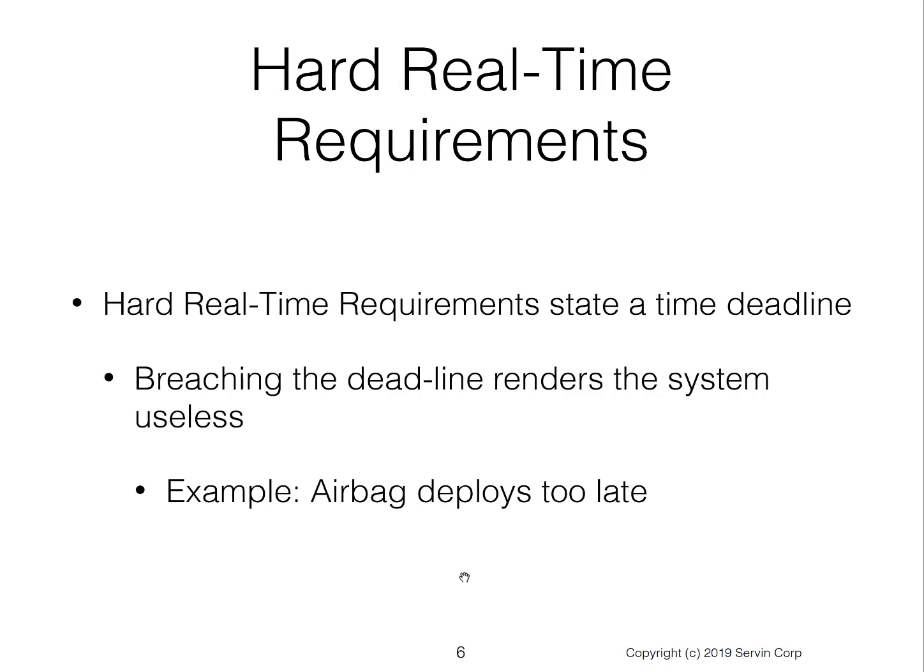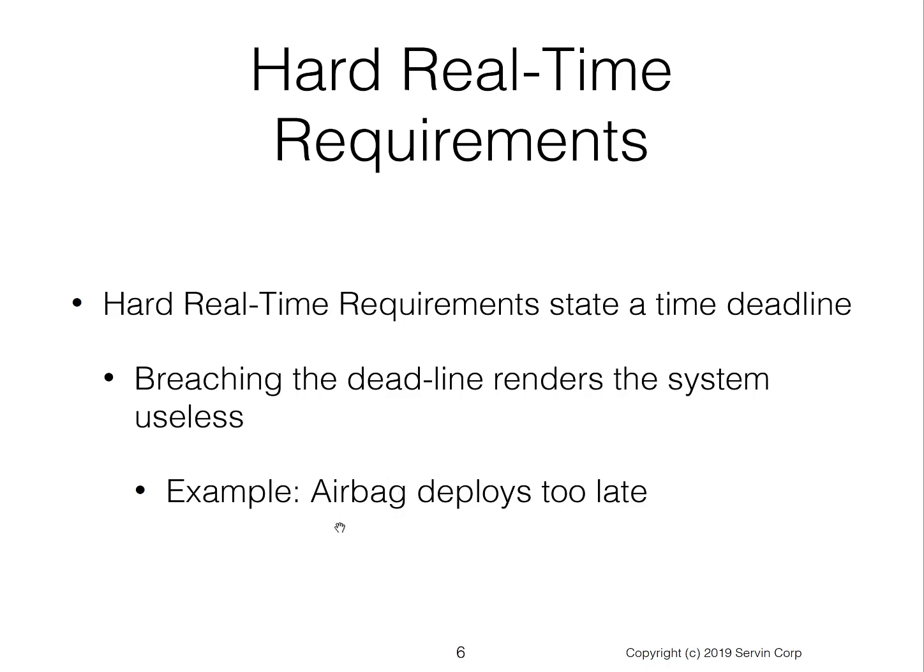On the other hand, with a hard real-time requirement, you've got a definite deadline that must be handled, and there's no option to miss it. So if you breach the deadline in this case, then your system has become totally useless. An example: the airbag deploys too late. Well, if you've got an embedded system in your automobile, which by the way, there's probably 50 or more embedded systems within a modern automobile, they're just spread throughout the system.